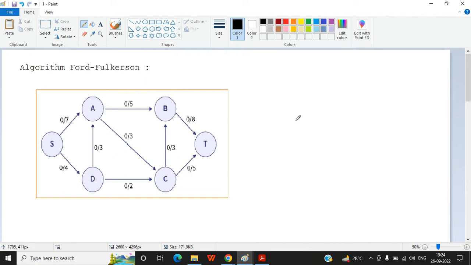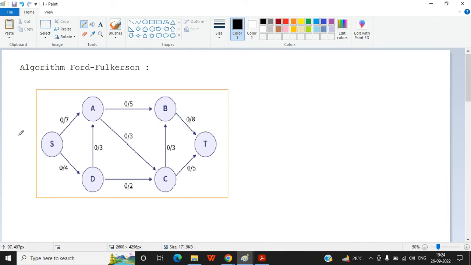Now you may think of this as a network of pipelines, with water, gas or oil flowing in a factory. These arrows are the pipelines, and a, b, c, d are different nodes.